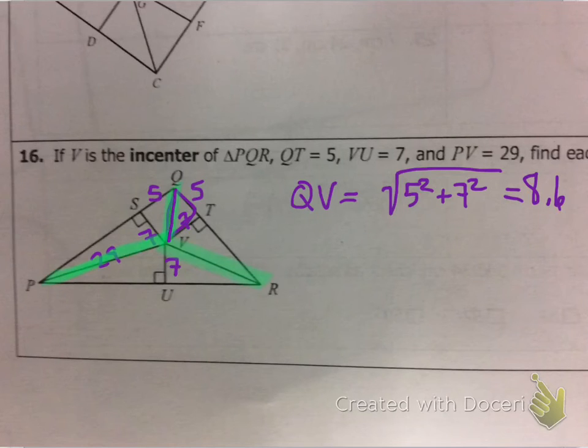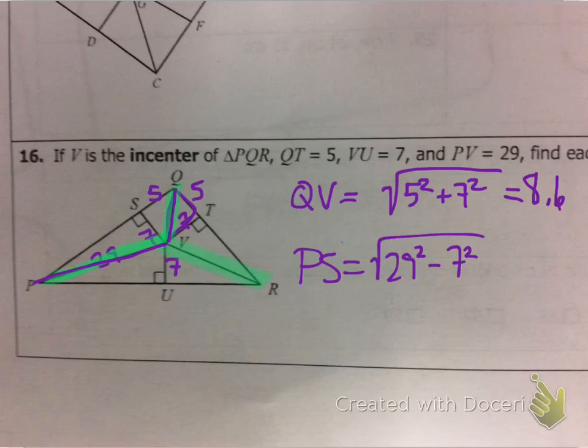And then for the next one, PS, I'm going to use 29 and 7. But that one is a hypotenuse because 29 is on that diagonal. 29 and 7 squared. And I'm going to get 28.1. I'll let that play through. So that would be approximately 28.1. Okay, so again, those should hopefully be easy. And I'm not going to do a problem like number 15.